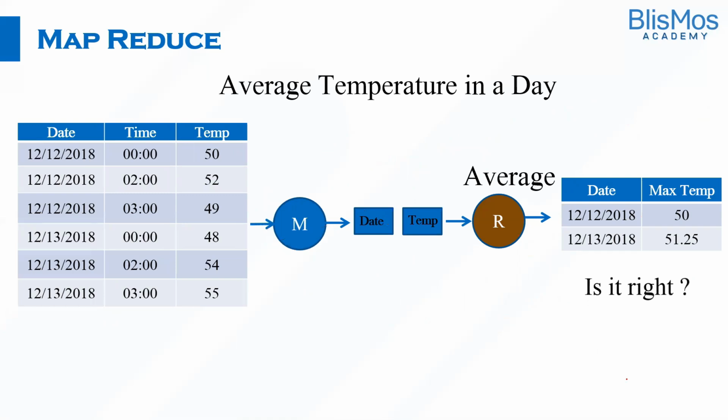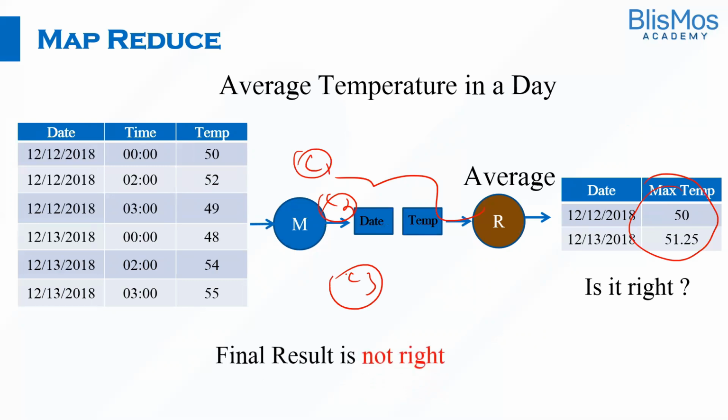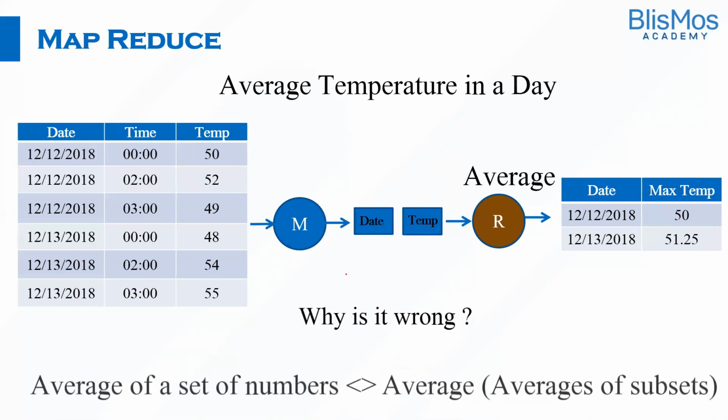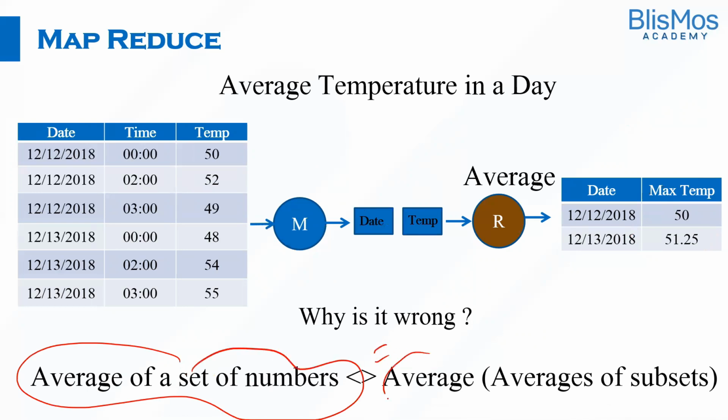This is the output of the results when we use the reducer logic as a combiner logic. In this case, it is not right. The final result is not right. Why is that? That is because we cannot have an average of a set of numbers equal to the average of averages.